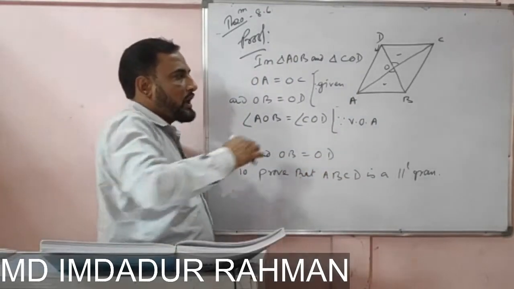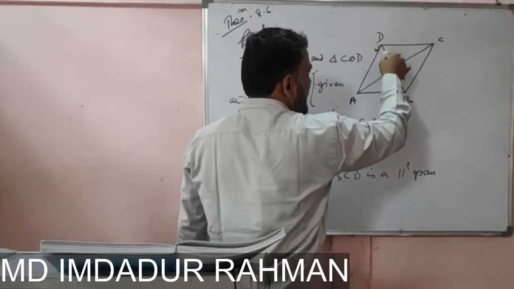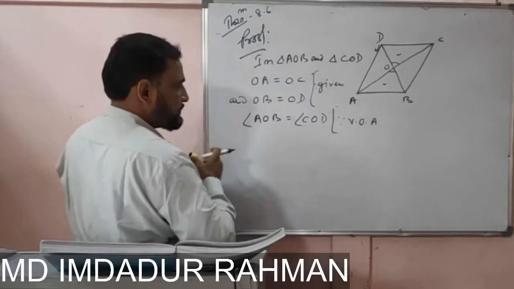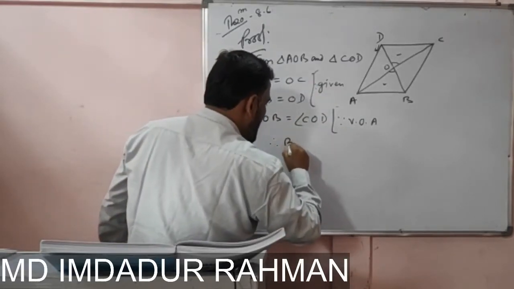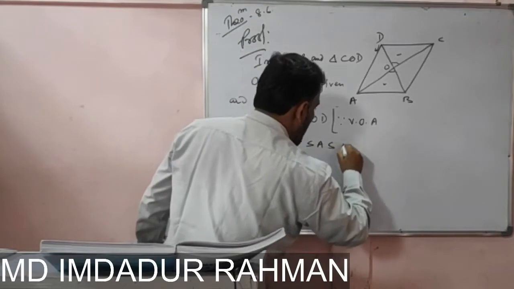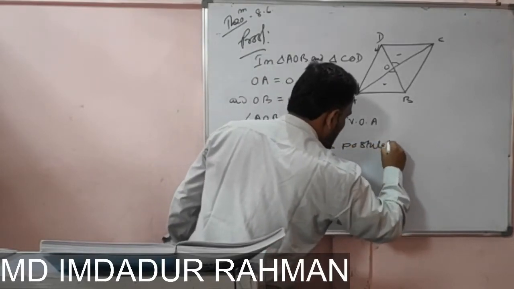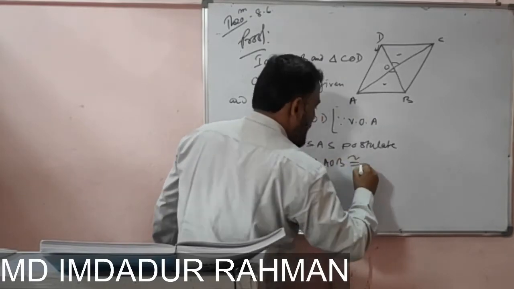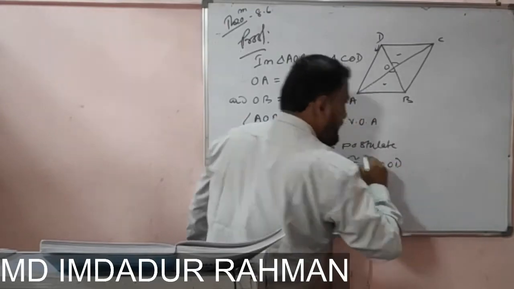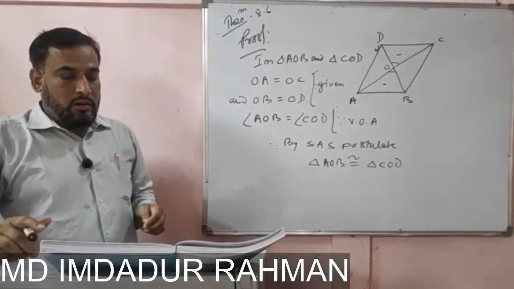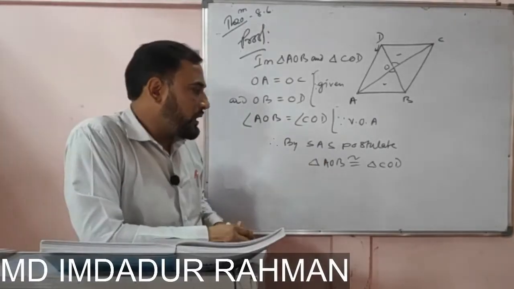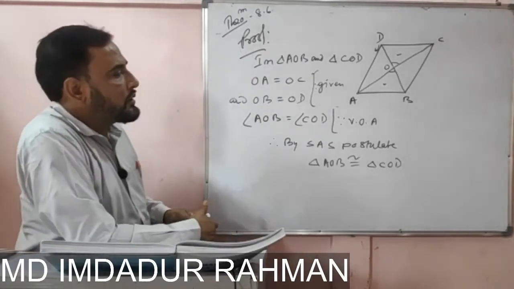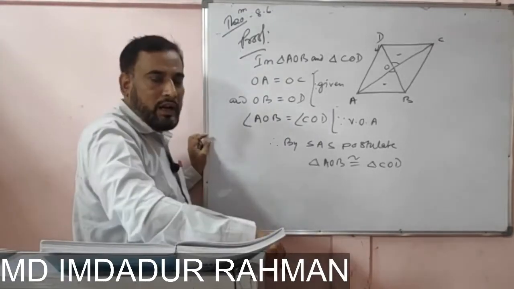So here we are getting side angle side, side angle side. Therefore, by the side angle side postulate, triangle AOB is congruent to triangle COD. After showing the triangles congruent, we get CPCT.